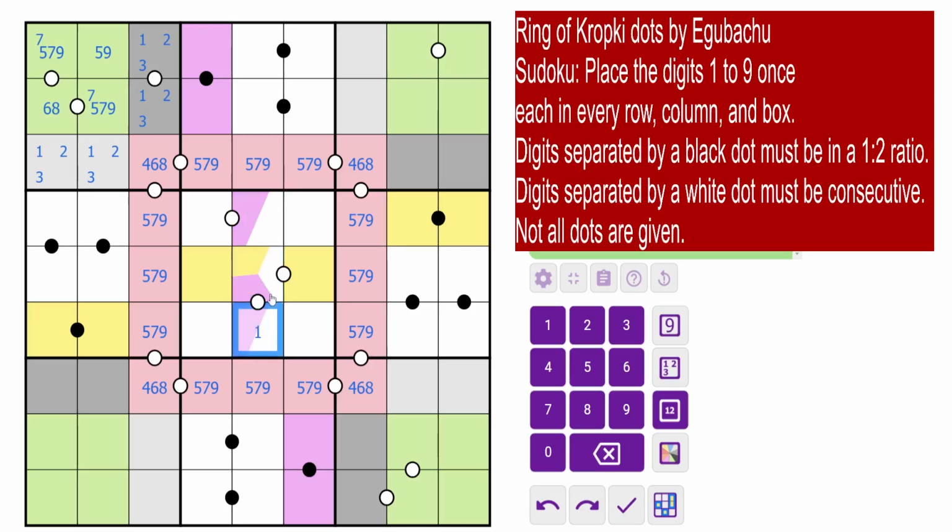Sorry, that cannot be 1, right? Because they both will become 2. Okay, so now two options here, 1 here or 1 here, right? Let's say 1 here, right? That means 2 has to be here and 3 has to be here. Now this 3 is a pair of this. That means the other is 6 and you do not have 5, 7, 9.